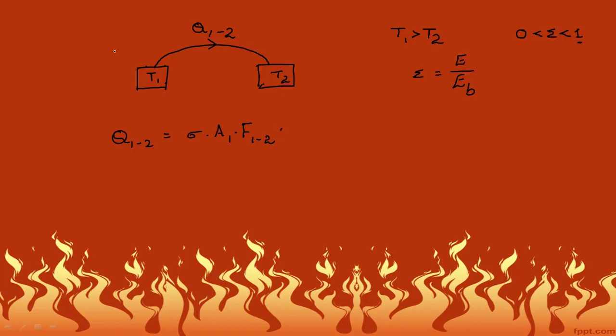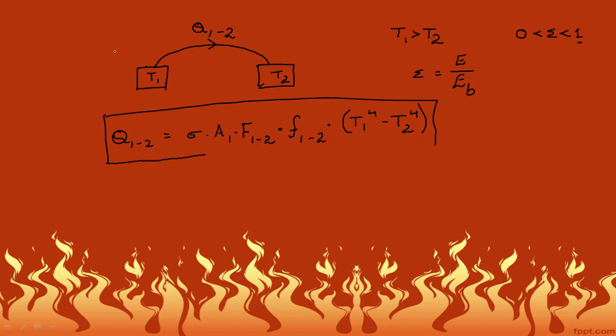Now, as these two objects have different emissivities, we need to establish an equivalence between them. That equivalent emissivity, sometimes we call the interchange factor. It is denoted by small f1 to 2, multiplied by T1 power 4 minus T2 power 4. This is going to give us the heat transfer.